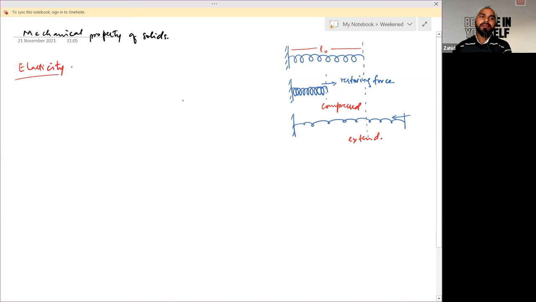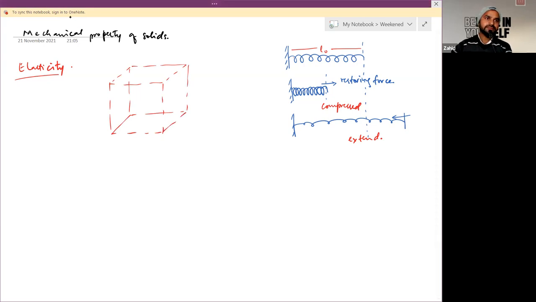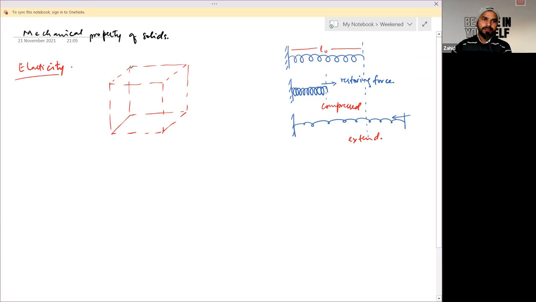Consider a rigid body. Suppose there are atoms arranged at the corners of a cube: an atom at this point, this point, this point.